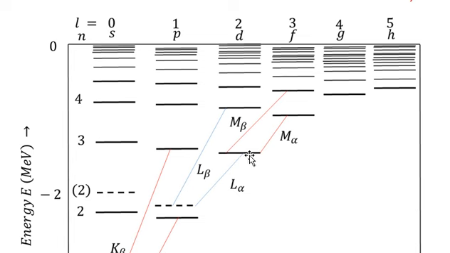Similarly, the higher D states of the muonic atom start from N equal to 3. So corresponding to the principal quantum number N equal to 3, this D state starts from N equal to 3. This level you can see is also lower in energy in comparison to the muonic state when it is in the P state and when it is in the S state.